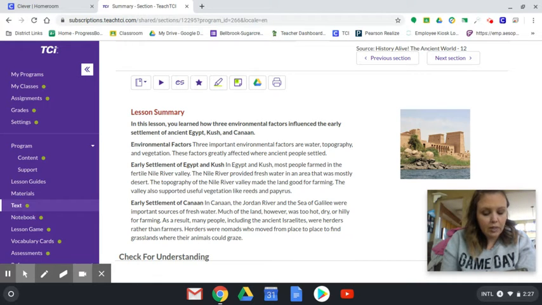Obviously, the number one thing, if you don't learn anything from me this year: where do people settle? They settle near a freshwater resource. So you're going to find life by freshwater resources, which is a river. Why are deserts a good thing? Well, deserts are a good thing because they offer protection from people.